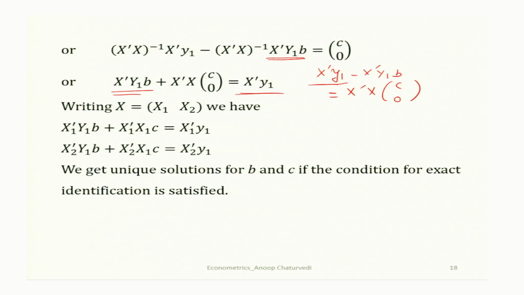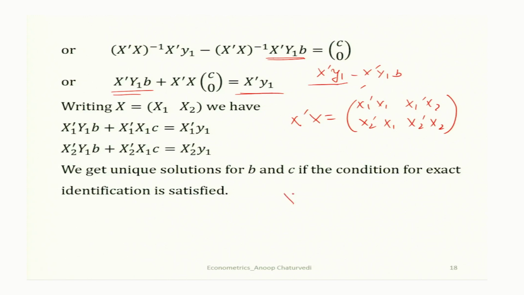Then further we write capital X equal to x 1 x 2. So, x transpose x is equal to the matrix x 1 transpose x 1, x 1 transpose x 2, x 2 transpose x 1, x 2 transpose x 2. And x transpose y 1 equal to x 1 transpose y 1, x 2 transpose y 1.